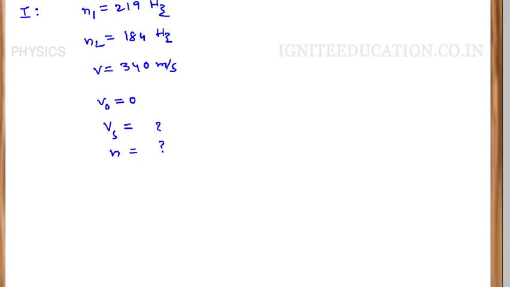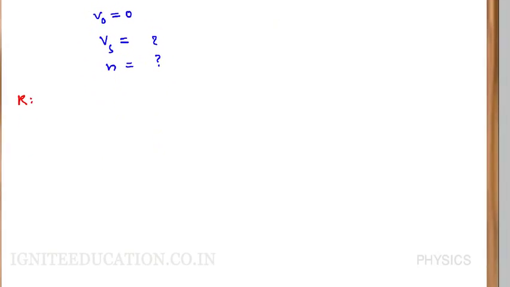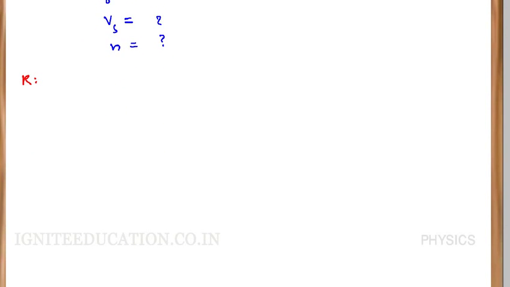Now I am going to resolve the problem. We already know from the Doppler effect that when the observer is at rest, the observed frequency n0 is equal to v by v plus or minus vs into n. Why am I using plus or minus? It depends upon whether the source is approaching or receding from the observer.